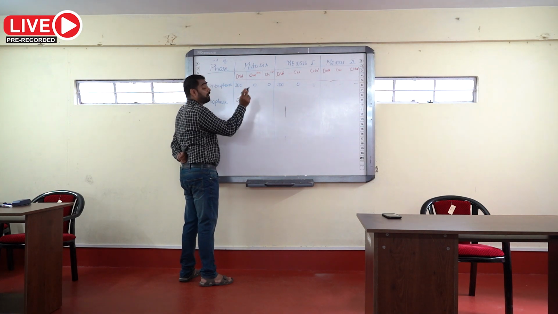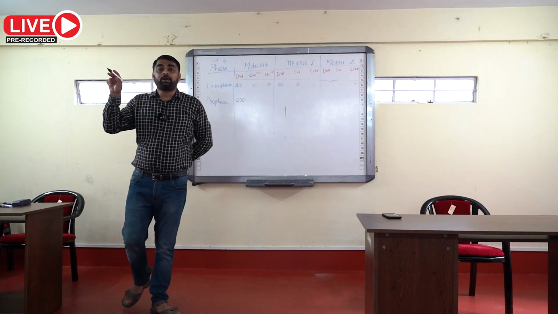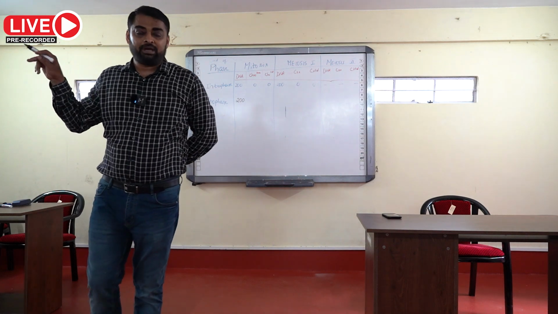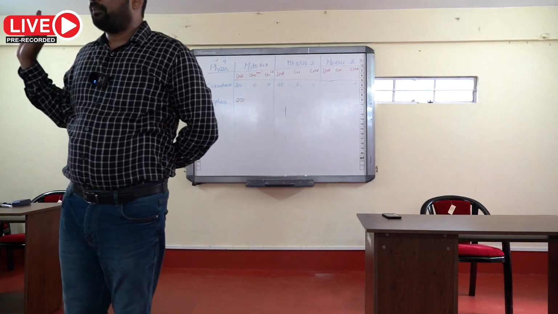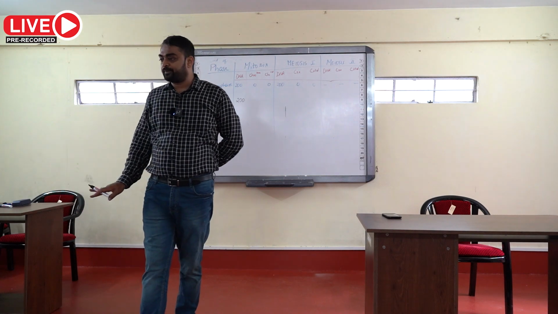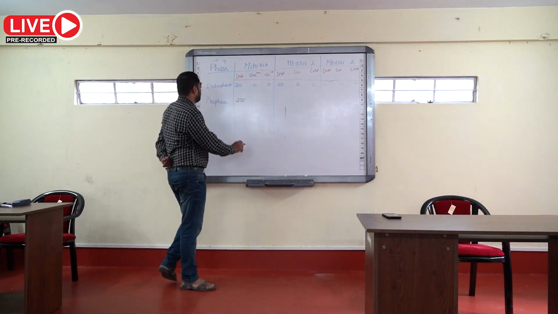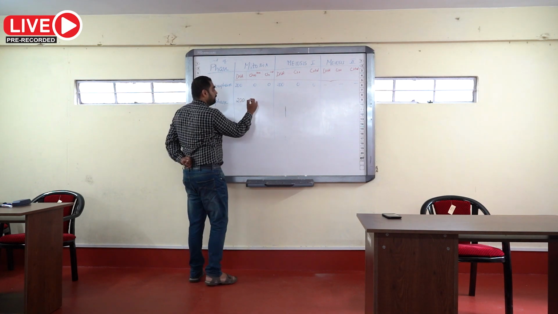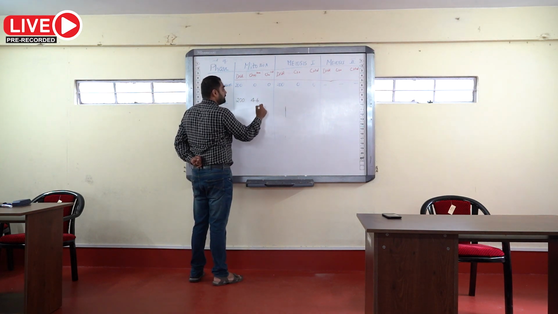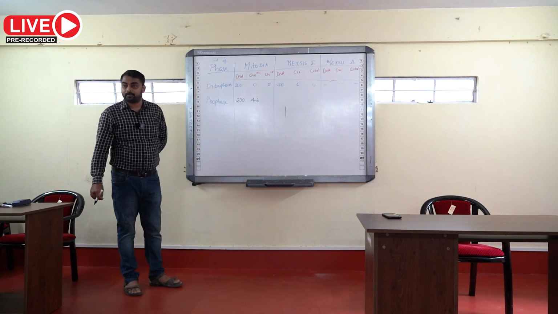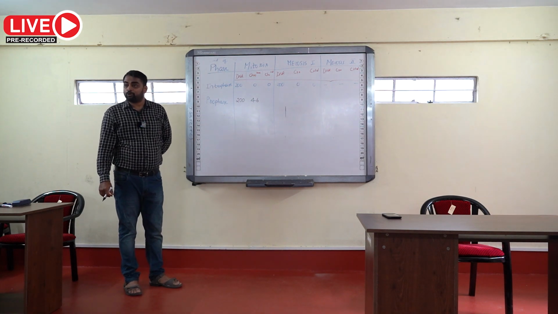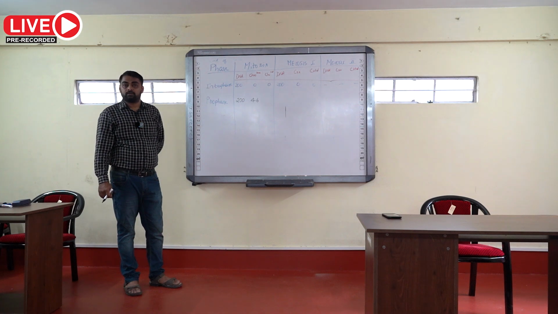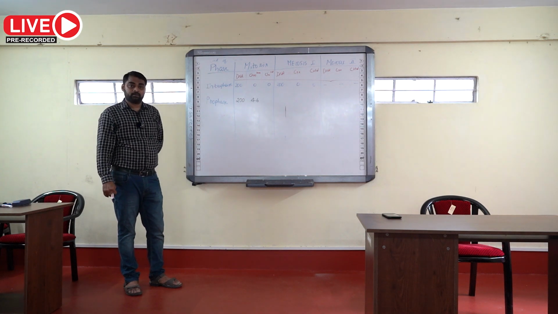Chromosomes: one more assumption is 46 chromosomes, 23 pairs. We are considering human beings, mitosis and meiosis in human beings. So at the end of prophase, the number of chromosomes in mitosis, 46. Number of chromatids?